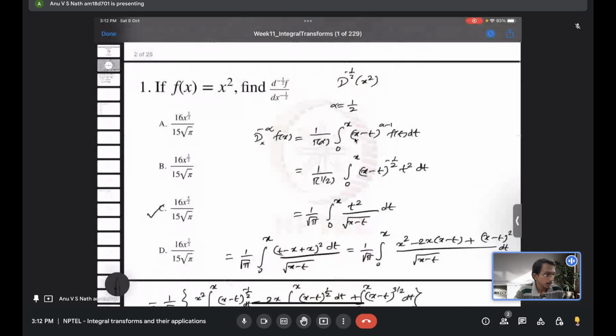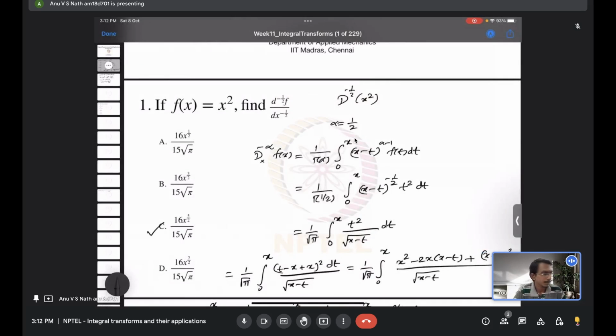So we should have used this formula. You got the reason, right? Because the earlier formula that I have shown didn't work, because that is designed for alpha values which are for derivatives. So this is not exactly a derivative, this is actually an integral. Because alpha is half, it's a half order integral that we are computing. So you can see the power is actually raised by half in the x raised to 2.